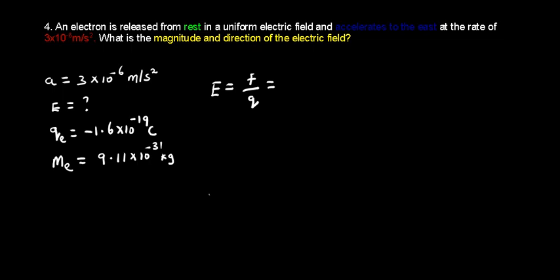So we have ma over Q, which is the same thing as the mass of the electron multiplied by the acceleration, and here this Q will be the charge of the electron, because it is the electron that is released from rest.